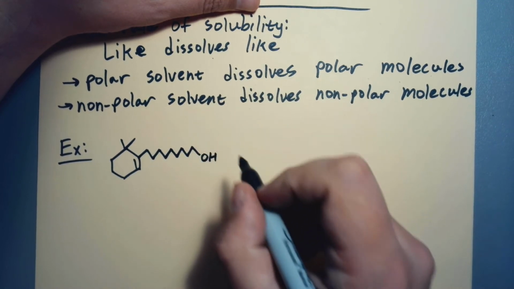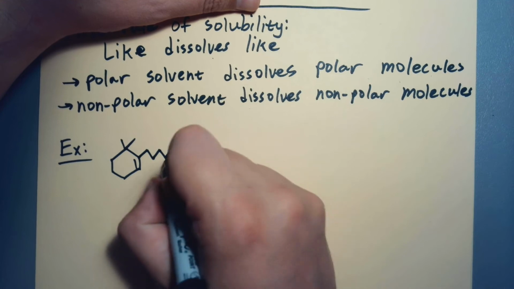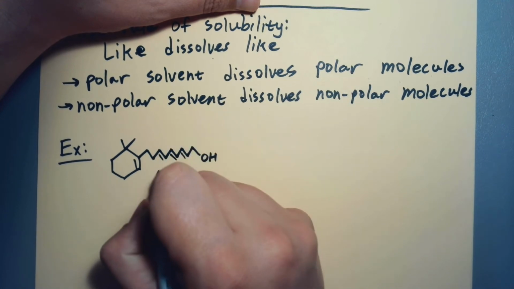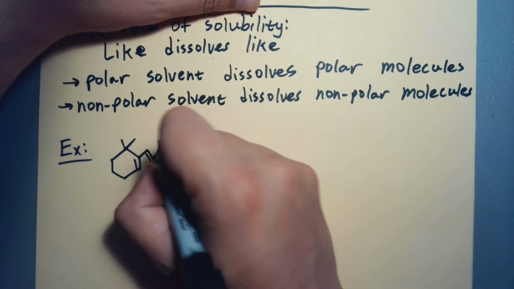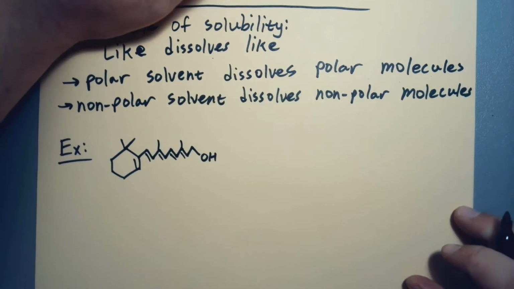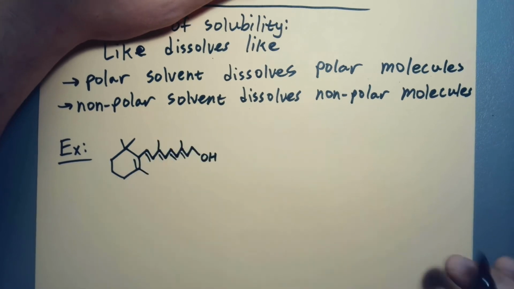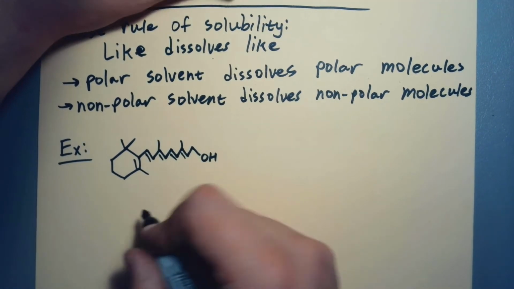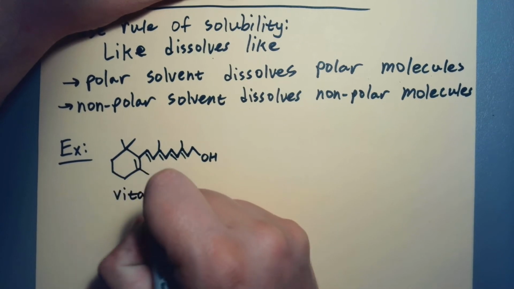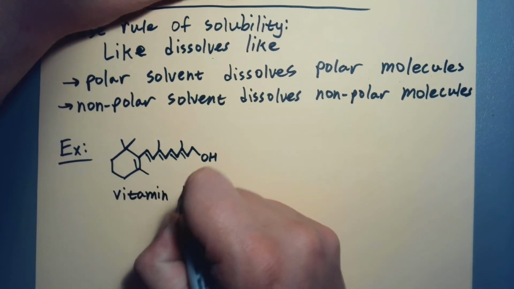That's an OH on the end. That's a double bond. That's a double bond. That's a double bond. That's a double bond. And we got side chains there and there. And we got one down here. Okay. You totally know this when you see it, I'm sure. You're like, oh, I know, that is vitamin A. I know vitamin A when I see it.